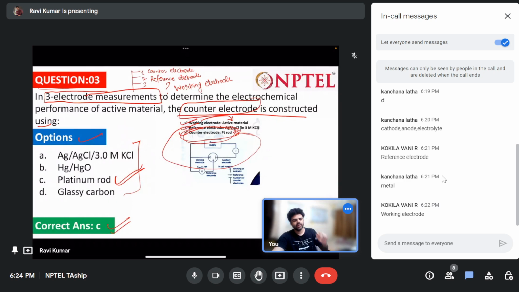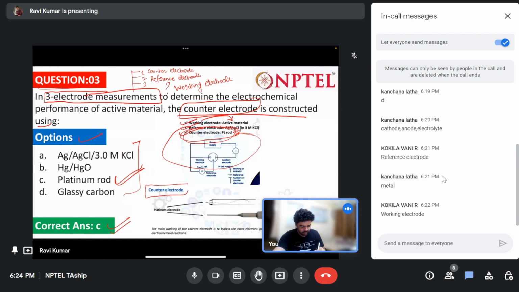It's fine, I'll show you. This is the counter electrode, made of platinum metal, also known as the platinum electrode. The main working of this counter electrode is to bypass the extra electrons generated during electrochemical reactions. So it helps to take away the extra generated electrons during a chemical or electrochemical reaction. So it is countering.